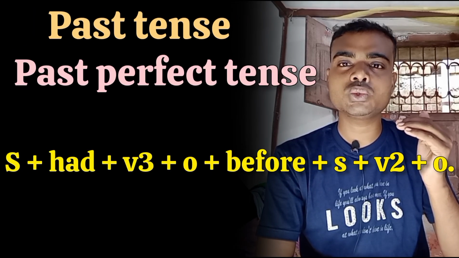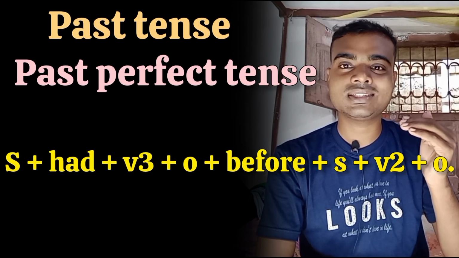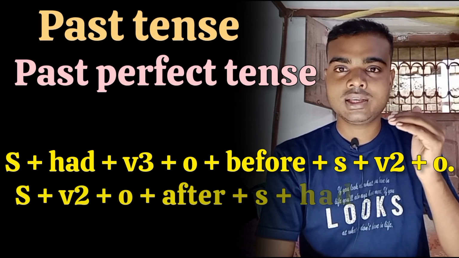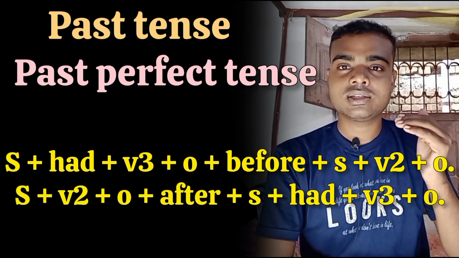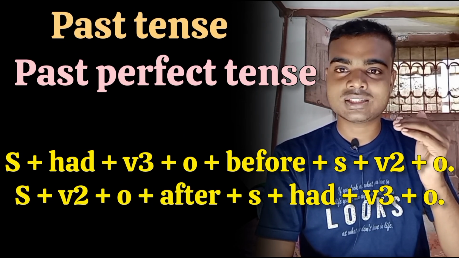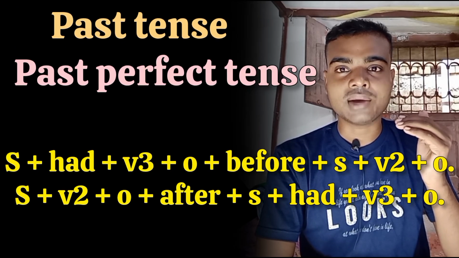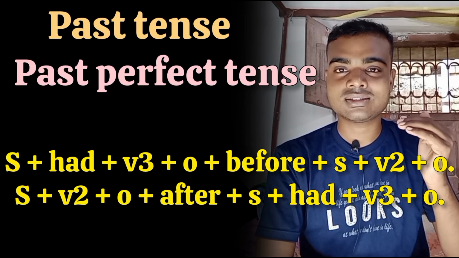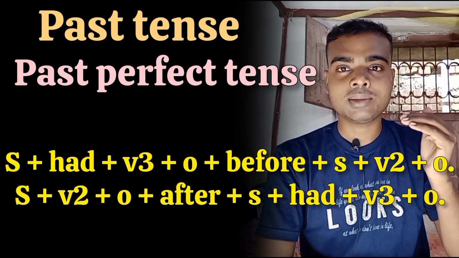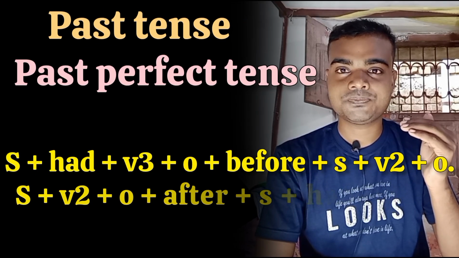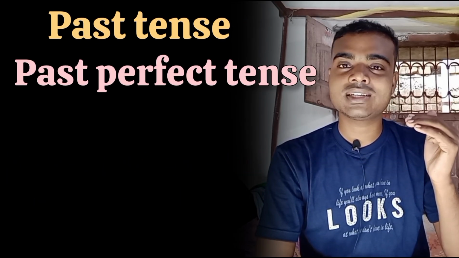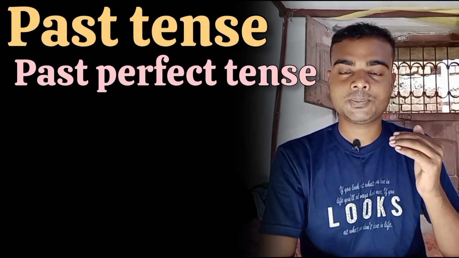If we want to use after here, the structure is like this: subject plus verb 2 plus object plus after plus subject plus had plus verb 3 plus object. So let's take some examples.